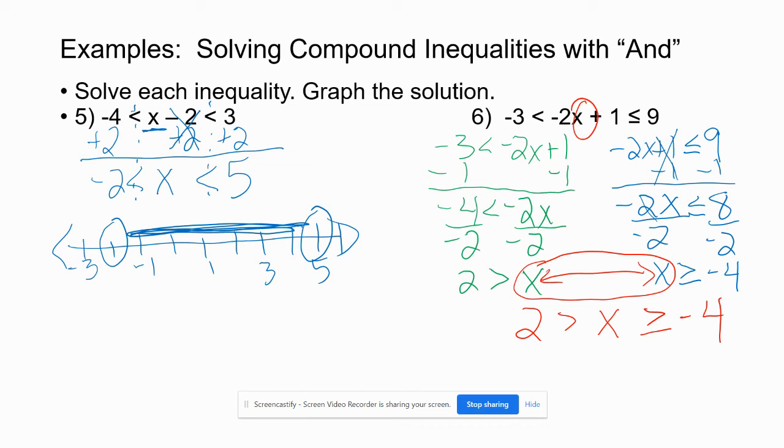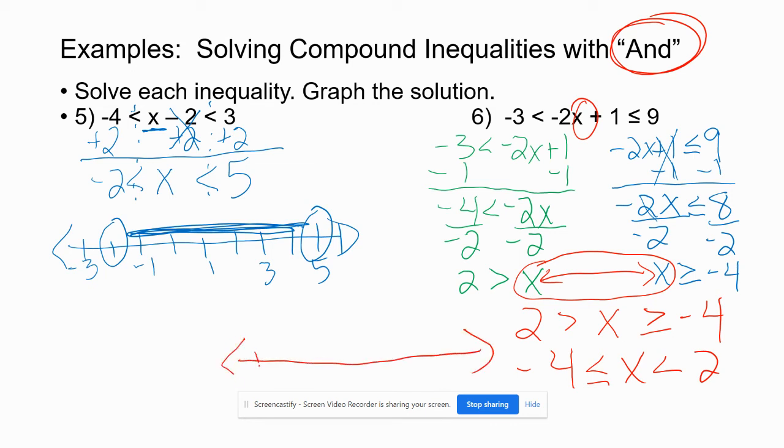Or to make it look like the other and problems, we can pick it up and flip it. Again, making sure that the inequality here with the 4 opens to the x. Here it is again, opens to the x. This one opens to the 2. That one opens to the 2.